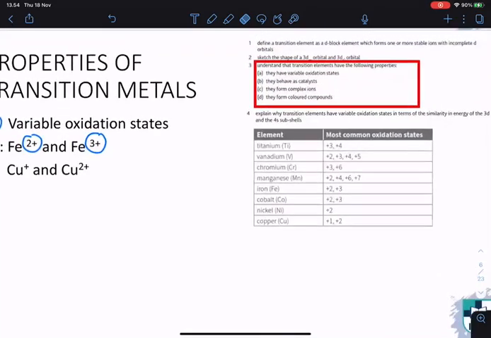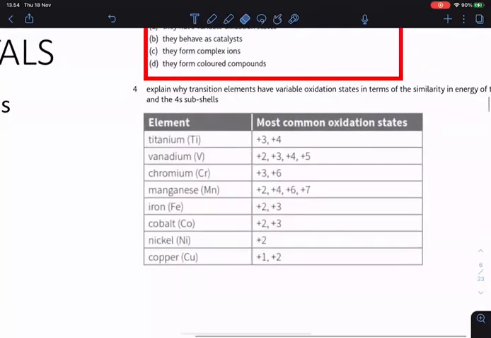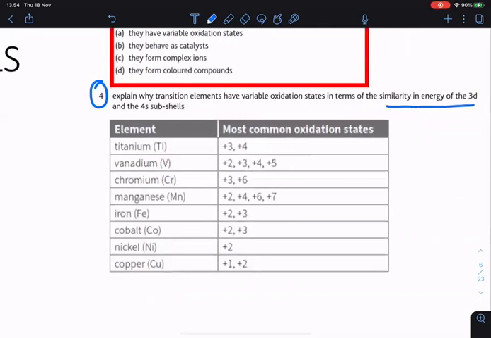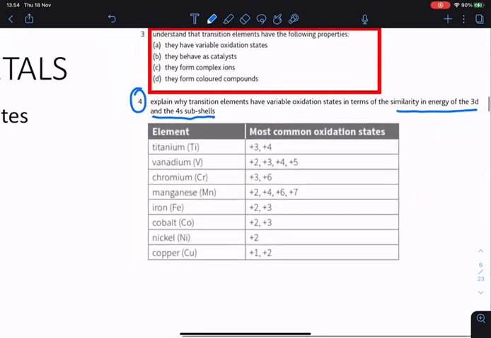You can look at the syllabus. It is based on the similarity in energy of 3D and 4s. Why is that?